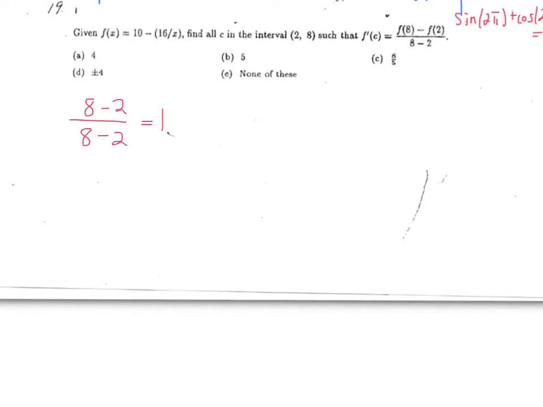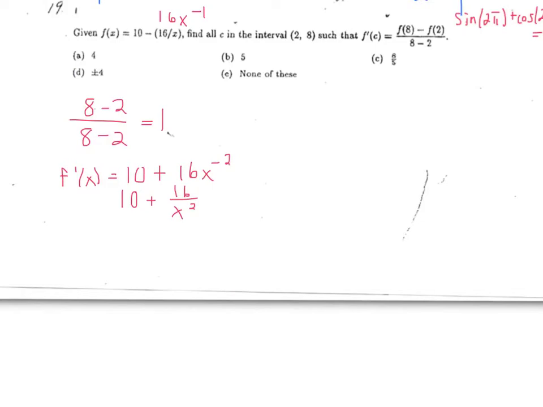So now I want to find an x value in between 2 and 8 that also has a derivative of 1. So first I'm going to find the derivative of my function. And I'm going to first rewrite this as 16x to the negative 1. So I have f prime of x equals 10 plus 16x to the negative 2, or 10 plus 16 over x squared.